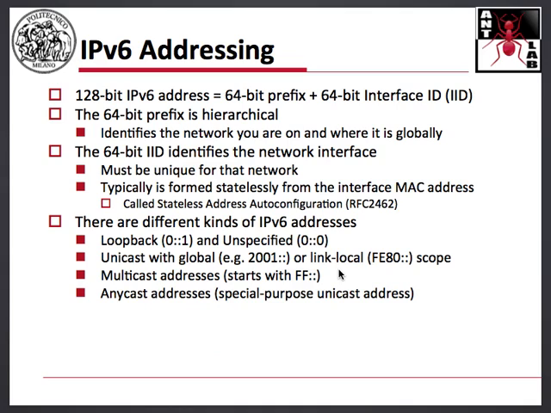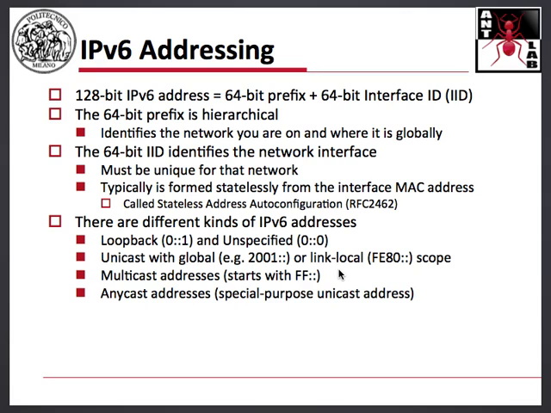IPv6, just like IPv4, provides some kind of hierarchy in the address itself. As you remember, in IPv4 you have a part of the address dedicated to the network and a part dedicated to the node in that network.